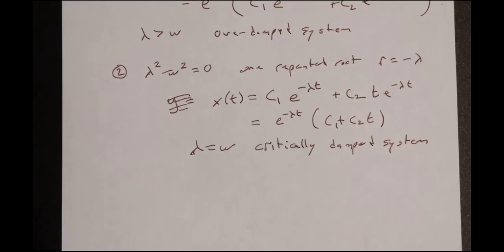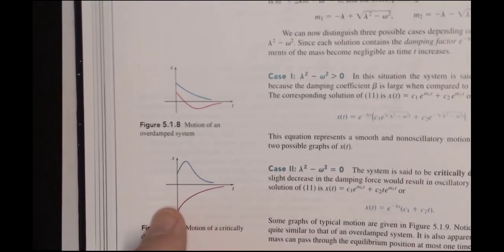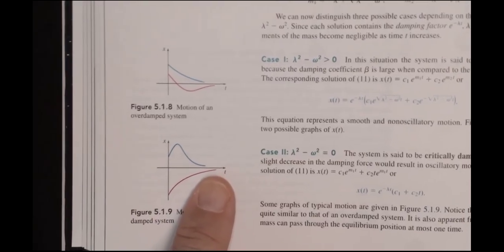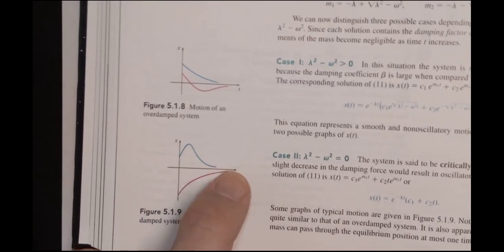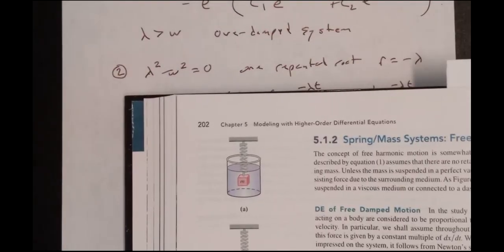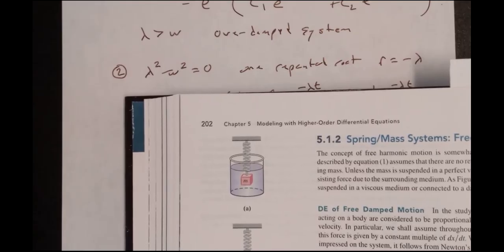Again, we'll see either a smooth descent to zero or one motion and then we're done. If you took that door and pulled it open and let it go as you were pulling it open, it would open a little bit further and then it would swing back to closed. That's this upper graph right here.